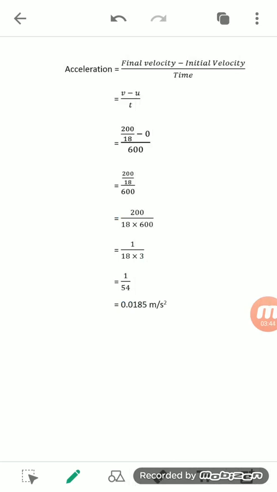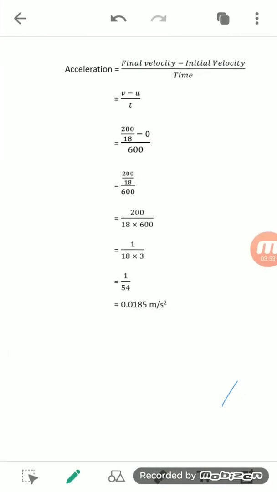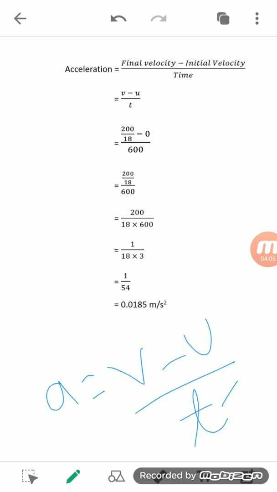Now by using the formula of acceleration, we know that acceleration is equal to final velocity minus the initial velocity, or a equals v minus u upon t. Okay, so the final velocity is 200 by 18 and the initial velocity is 0.